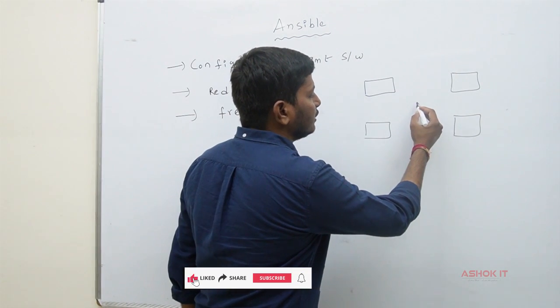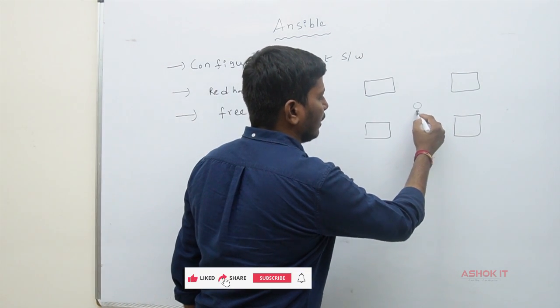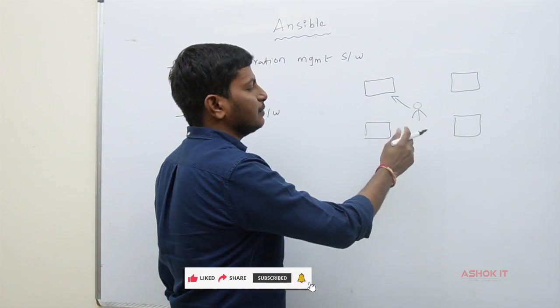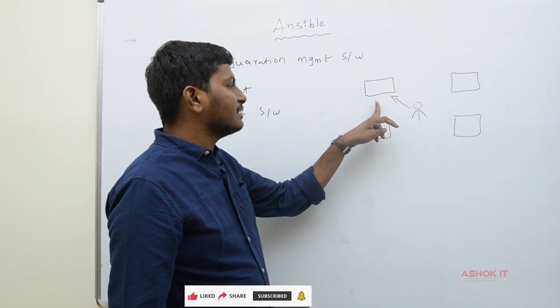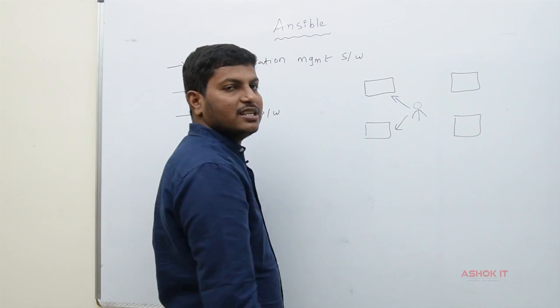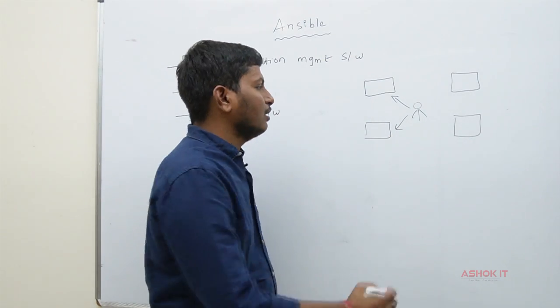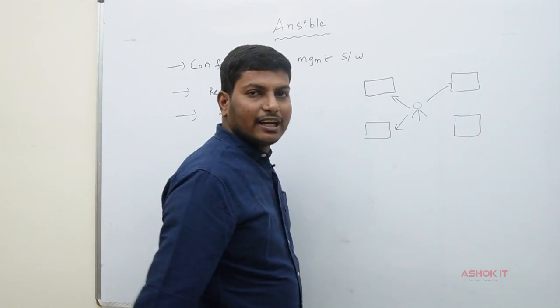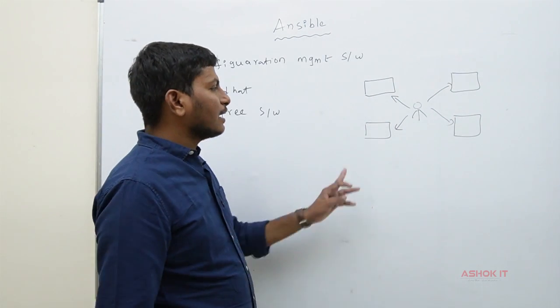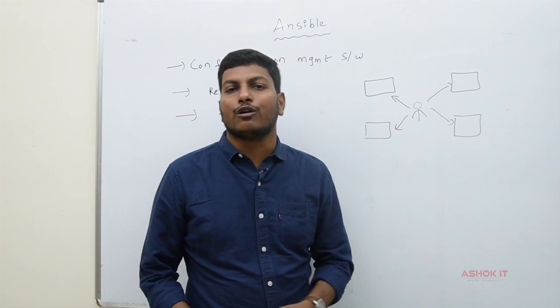Here, in order to do this kind of operations, we will recruit one system administrator. This system administrator will connect with this machine, will install the Git, and he will check Git is working or not. Then he will go to second machine, install the Git and check it working or not. Go to here, install it, check it working or not. Go to here, install, check it working or not. He completed installation in all these 4 machines.